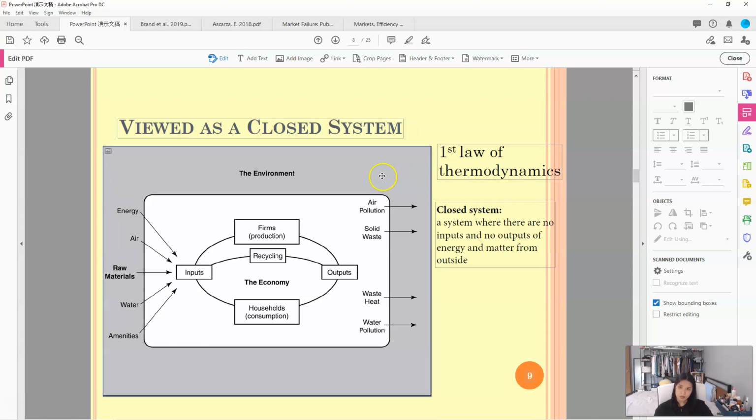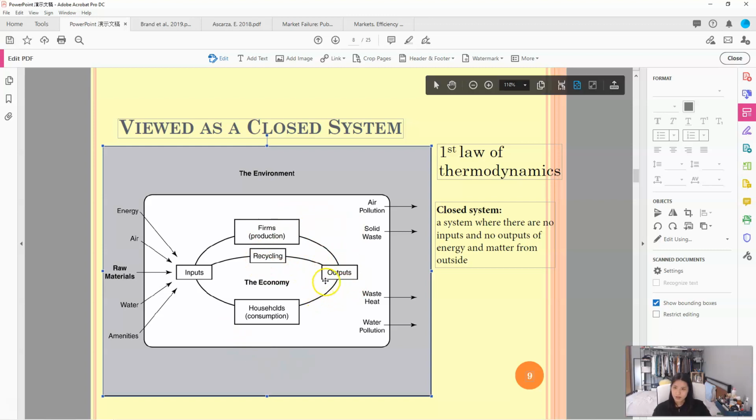There's no output from the gray area to the yellow area, right? Also, there's no input from the yellow area to the gray area. Because of that, we call the environment a closed system. So within the environment, we are here.